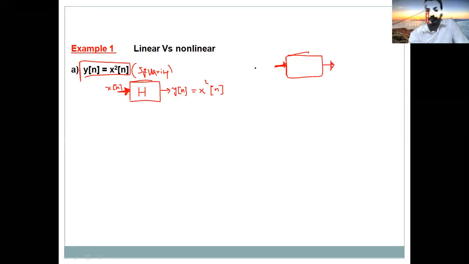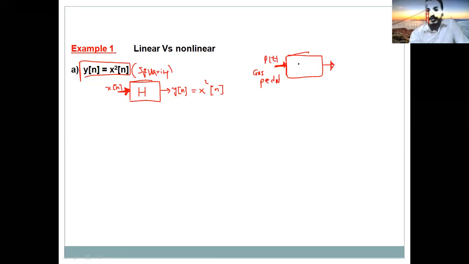For example, if you take the input as the gas pedal of your car, when you drive, there is a gas pedal, which is represented by this pressure input.